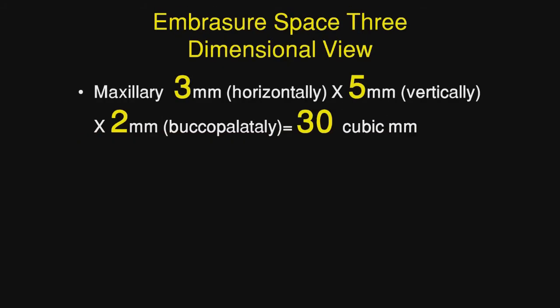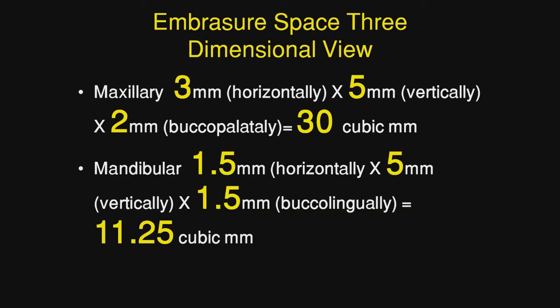But let's talk about it in a 3-dimensional view. In the maxillary arch, we've got 3 millimeters horizontal, 5 millimeters vertically, and if we go palatally or buccally, it probably goes 2 millimeters. So the embrasure space dimension in 3 dimensions is 30 cubic millimeters.